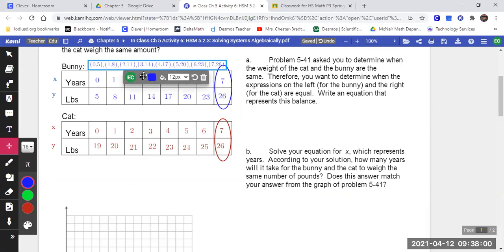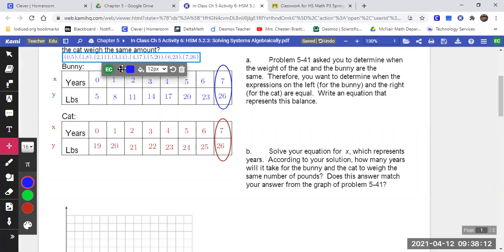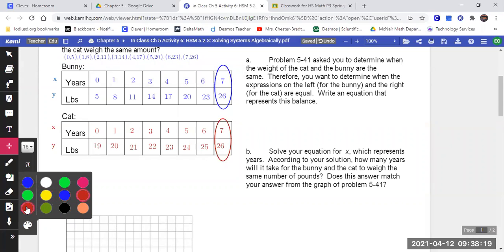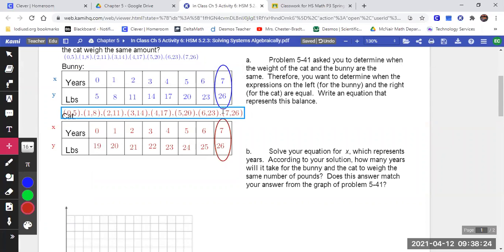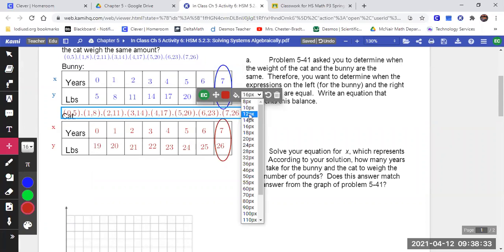Now, are the x coordinates going to be different for the cat? Are our x numbers going to be different for the cat? No. So I'm going to copy this list that I just made for the bunny. Copy the list, change to red, paste it down with the cat. I have to change its size too, but I'm just going to change the y numbers because I know the x numbers are the same, right?